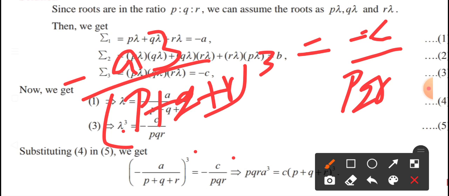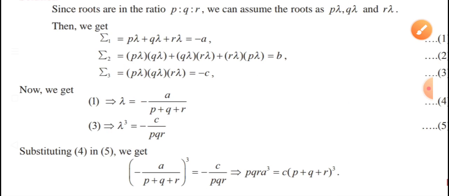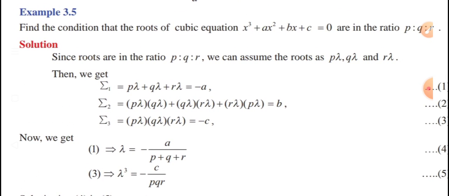So we cancel these two minus signs, then cross multiplying, we get pqr into a cube equal to c into p plus q plus r whole cube. pqr goes to the left hand side numerator, and p plus q plus r whole cube goes to the right hand side numerator. Okay, students, do you understand?